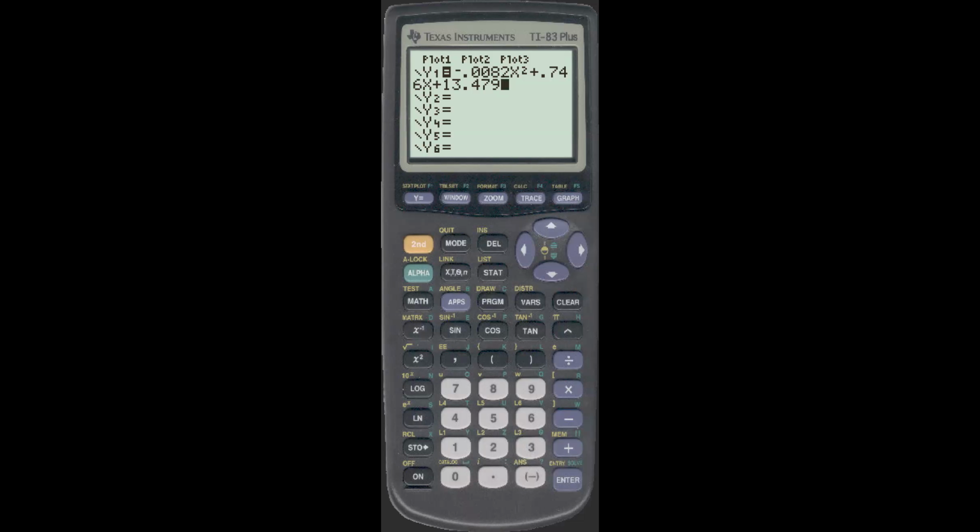You have it entered exactly the way I have it here. Is that right? Yeah. All right, so I want you to click on the zoom button. Do you see the zoom box, the zoom in, zoom out, all that? Yeah. All right, hit the up arrow and go to zoom fit, and hit enter. Let me know when you do that. I did that.